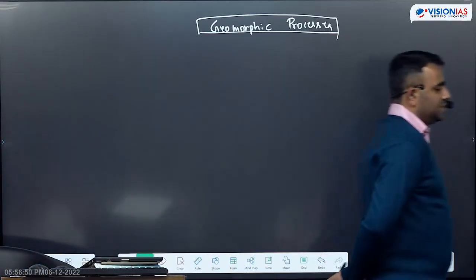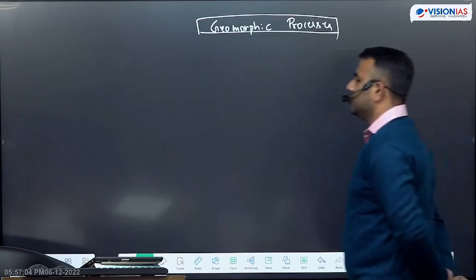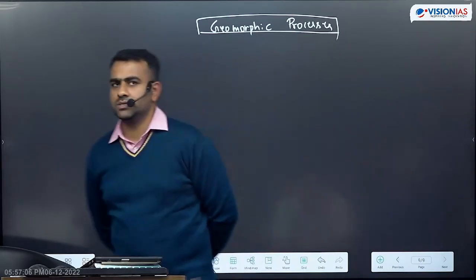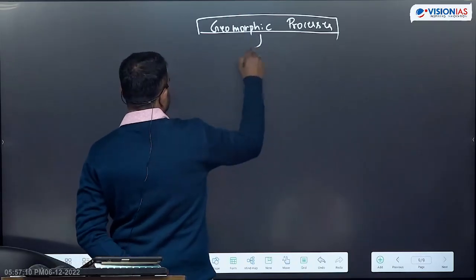So basically जो भी change हो रहा है अर्थ के surface के ऊपर, they are the result of either endogenetic forces or exogenetic forces. Endogenetic forces cause endogenetic movements, exogenetic forces called exogenetic movements. Together it is geomorphic processes. Okay, take a fresh page and write this classification.